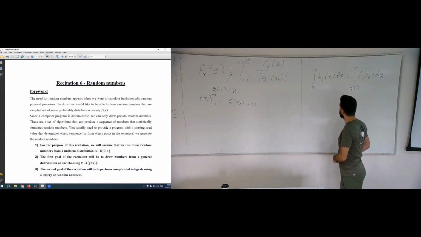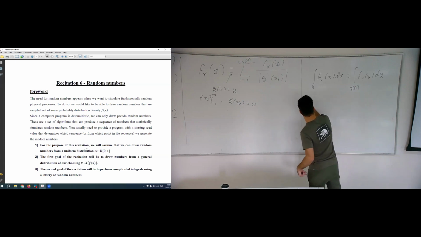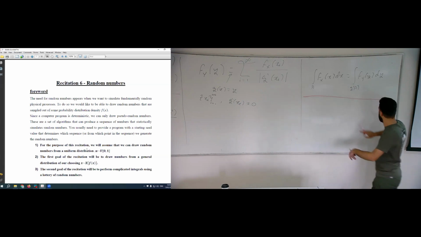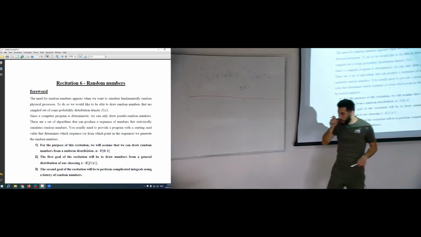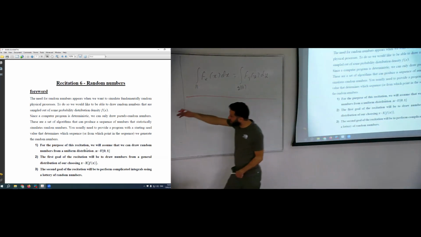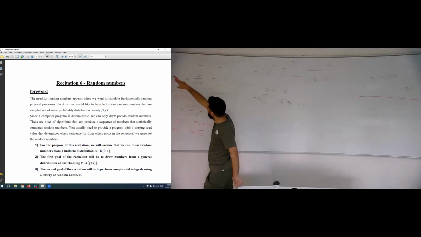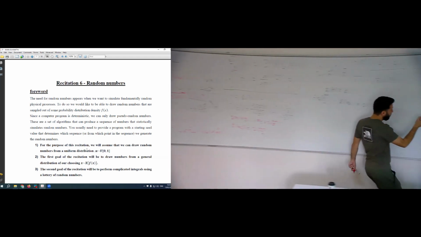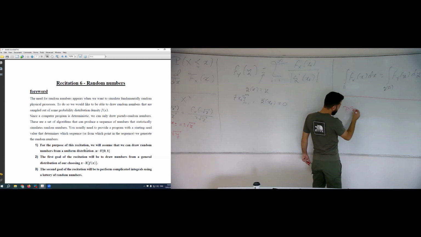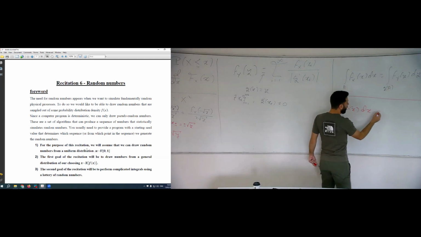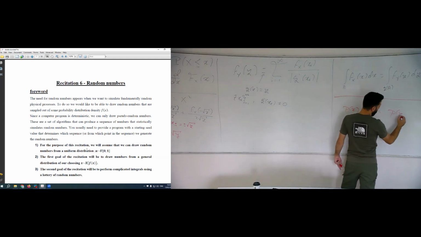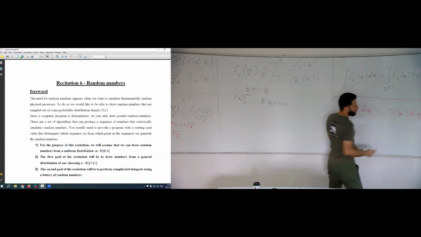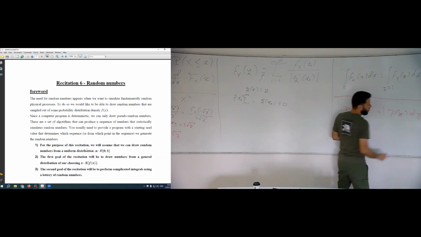And now we are physicists. Up to now we were mathematicians, and now we're physicists. So we'll not use fx of x and fx of x. We will say p of x dx equals p of y dy, in absolute values.